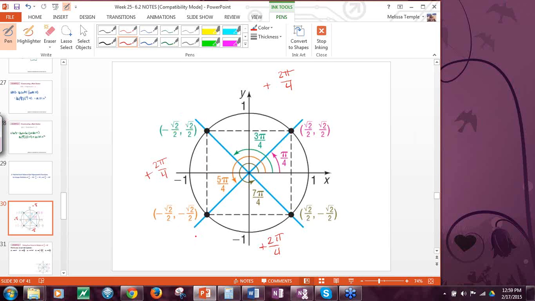Reflected over the x-axis one more time, I have both x and y negative, and then one last time and I have x positive and y negative. And again, I'm adding 2 pi over 4, which is really just pi over 2, but I'm adding 2 pi over 4 each time to get pi over 4, 3 pi over 4, 5 pi over 4, and 7 pi over 4. We're starting to build our unit circle here.